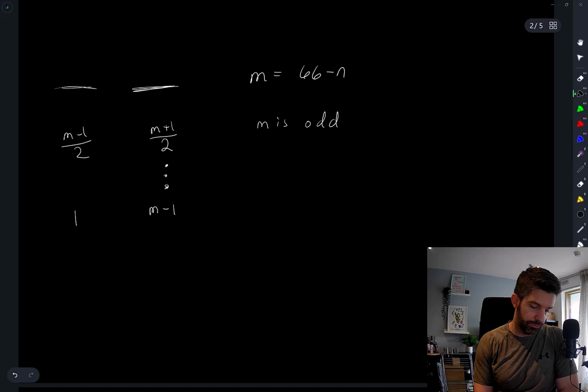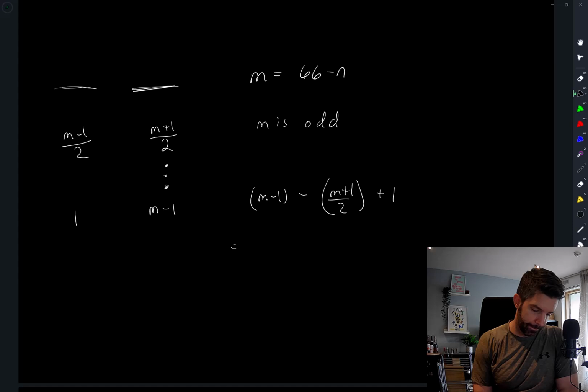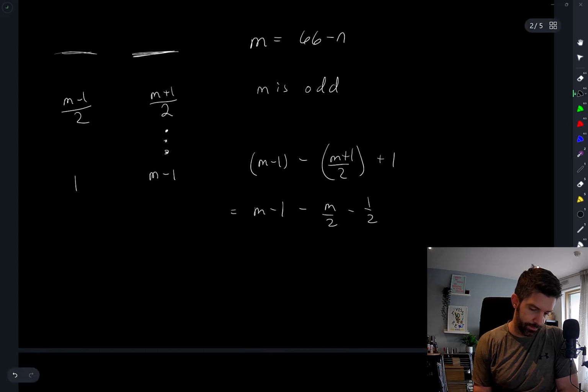How many numbers is that in total? That's m minus 1 minus m plus 1 over 2 plus 1. Let's write this as m minus 1 minus m over 2 minus 1 over 2 plus 1.